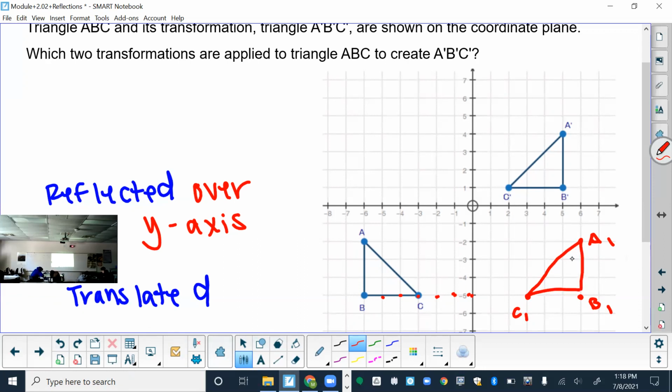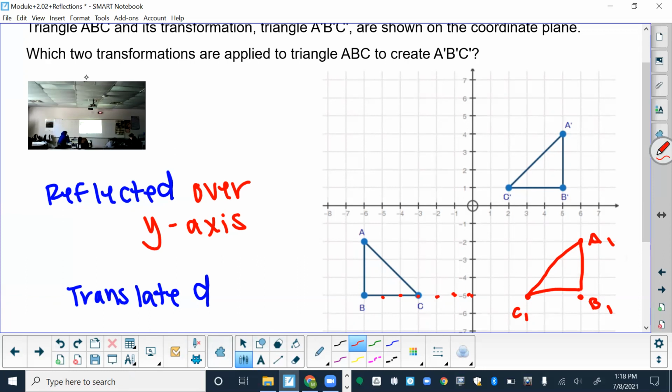How can I get it from here to here? We did say we translated that triangle, but by how much? So for example, we can just look at the A's and compare those. How much to the left or right did I have to move this A1?